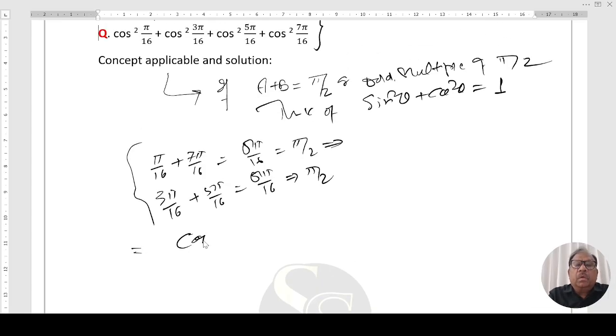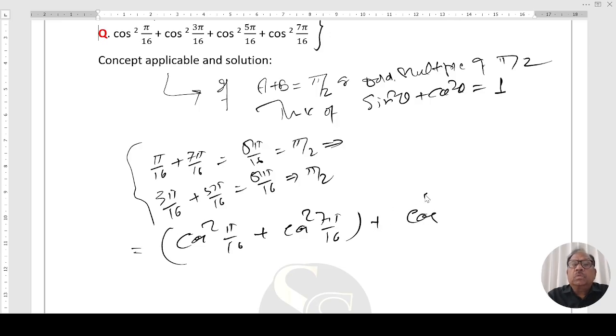Cos square pi by 16 plus cos square 7 pi by 16 plus cos square 3 pi by 16 plus cos square 5 pi by 16. Right?